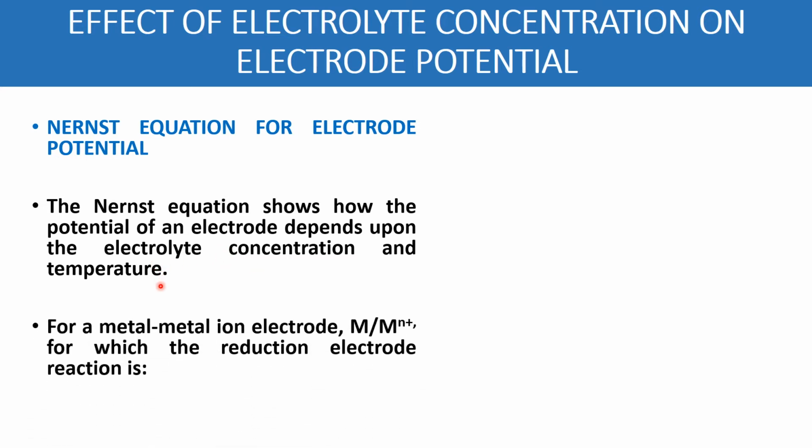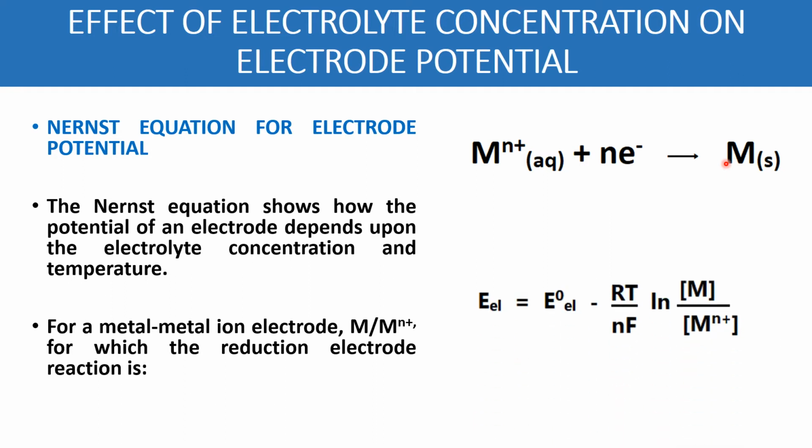For a metal ion electrode, denoted by M | Mn+, the reduction electrode reaction is Mn+ + n electrons giving metal solid. Here Mn+ is the metallic ion in aqueous solution, which undergoes a reduction reaction by accepting electrons and forming the metal electrode, or metal in the solid state.